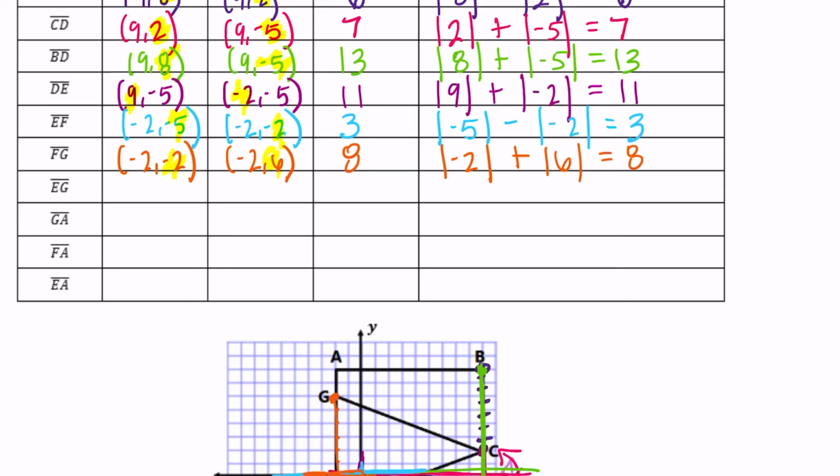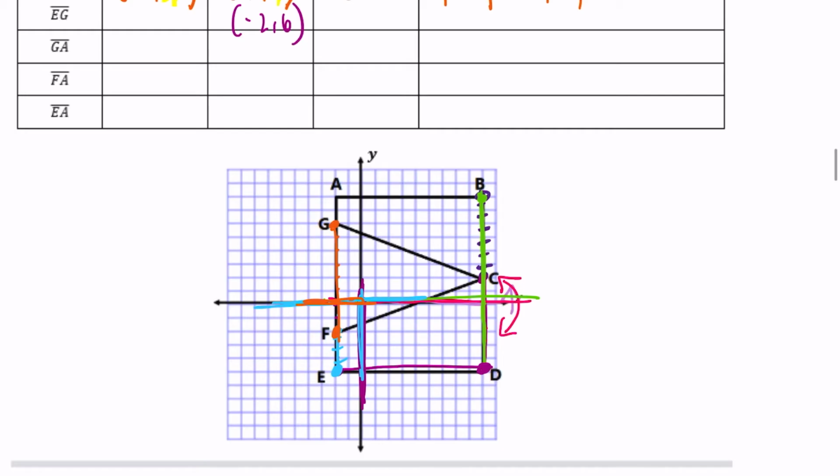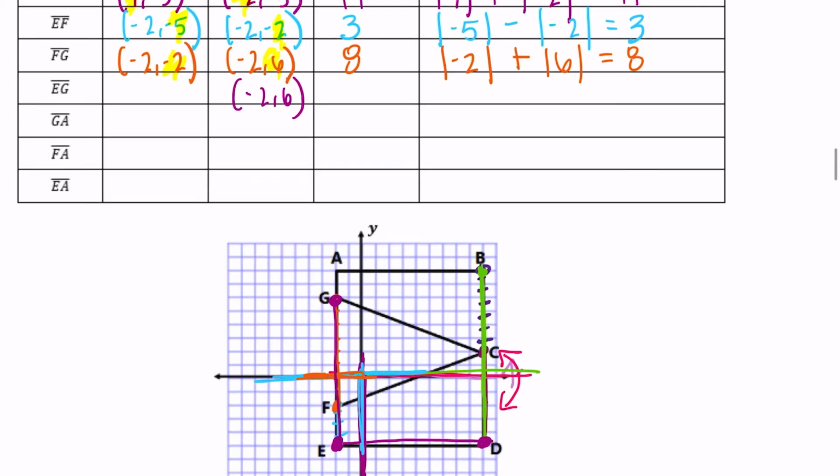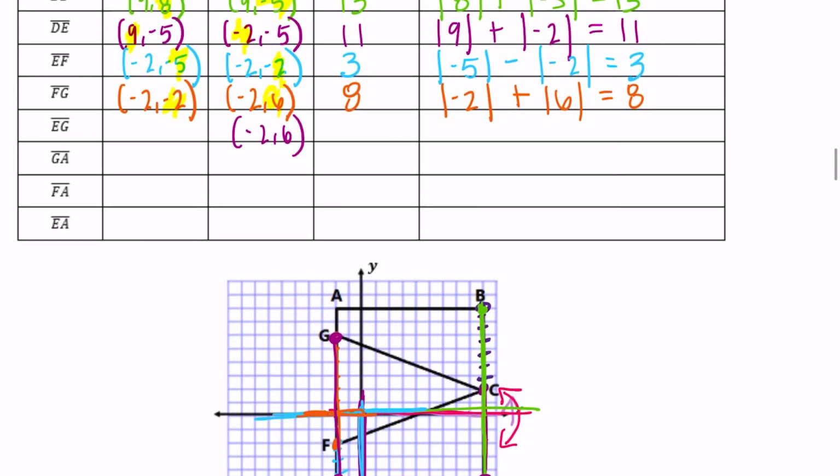EG. So the G stays the same. So that's still negative 2, 6. Let's look for EG. So E all the way up to G there. And the coordinate for E was right here, -2, -5.